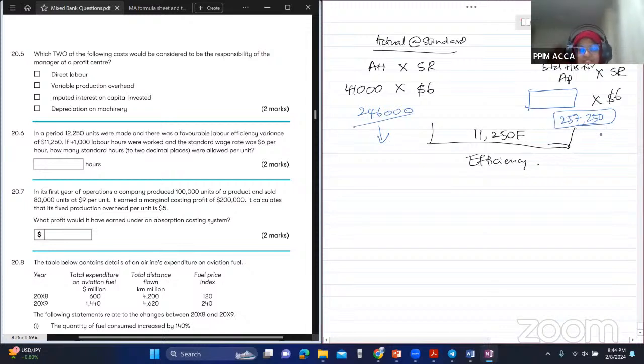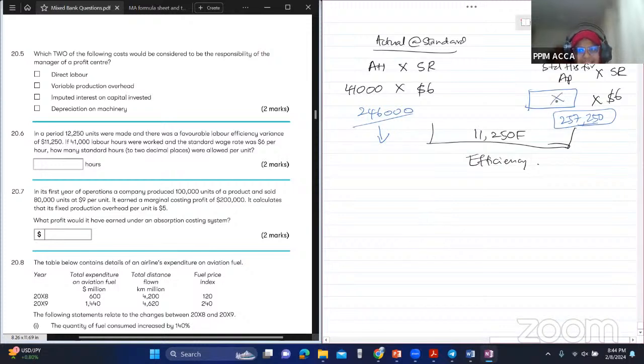Okay, so what I'm trying to say is, I expected to pay 257,250 to my laborers. That was my budget. But actually I paid less. I paid 246. So that is 11,250 less, and because I paid less, that is favorable for me. So what's the point here is the standard hours for actual production.